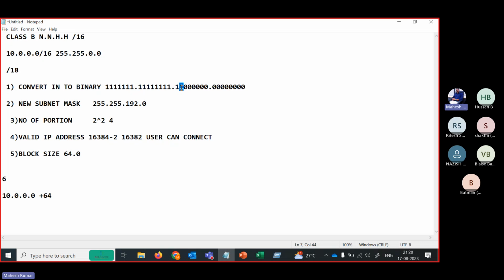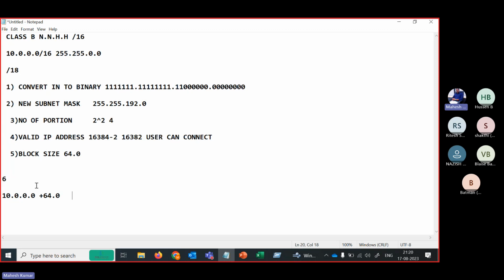If you take 2 to the power 7, 2 to the power 6, 2 to the power 5, 4, 3, 2, 1 and 2 to the power 0, then 2 to the power 6 gives 64. So we need to add 64 in every step, giving 64.0. So this will be our base network.